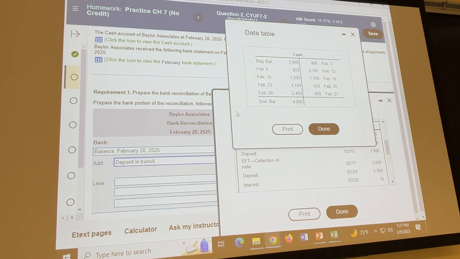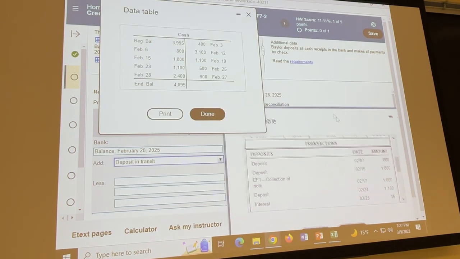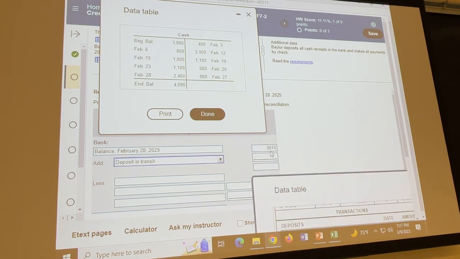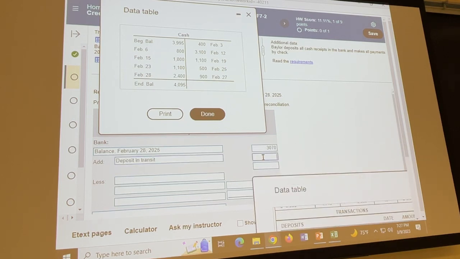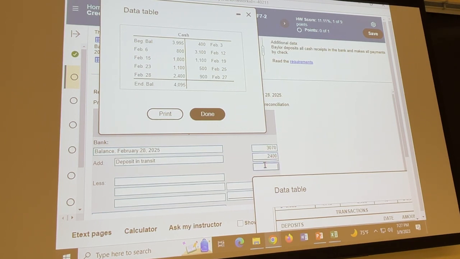So we assume here, see, this is hard moving all this stuff around, but we assume that that $2,400 is a deposit in transit. And then we do a total here. So adding those two lines together gives us $5,470.